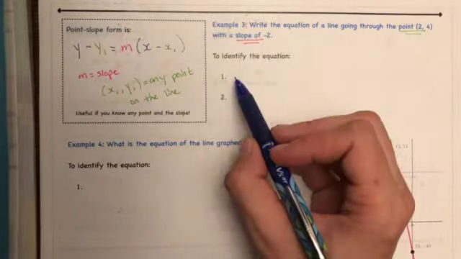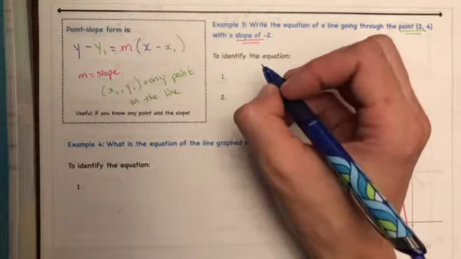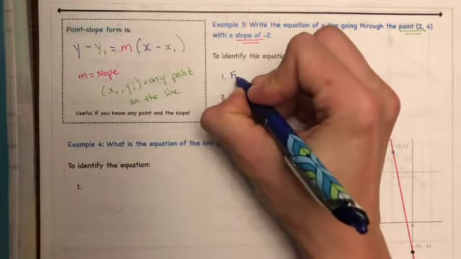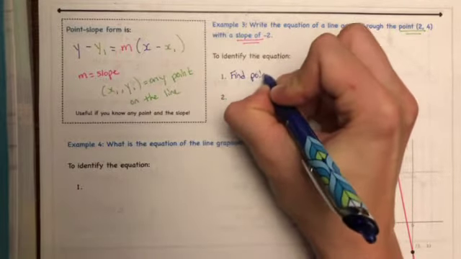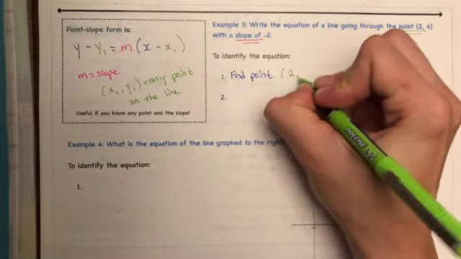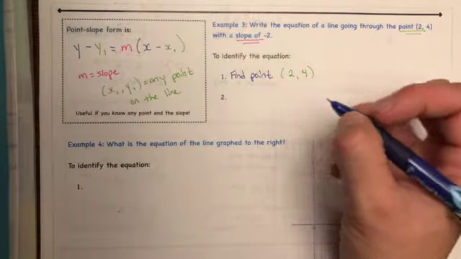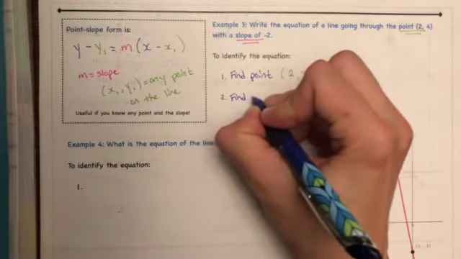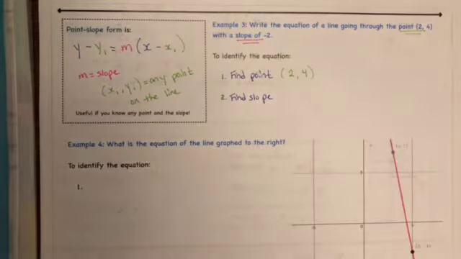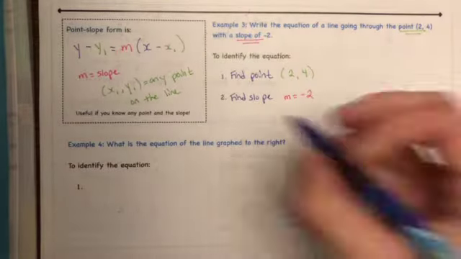So to identify the equation, we'll start by plugging in our numbers. So we will find a point and identify it. And so here we're given our point is 2, 4. We'll also find our slope. And here we're given that our slope equals -2.